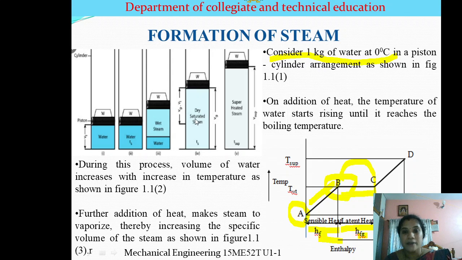But both dry saturated steam and superheated steam obey the gas law, hence they are called a perfect gas. Even though the process is the same, the conversion of liquid to the vapor state, the properties and behavior of the water and the steam are completely different. Hence it is represented by two lines.